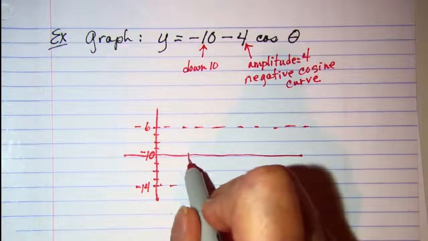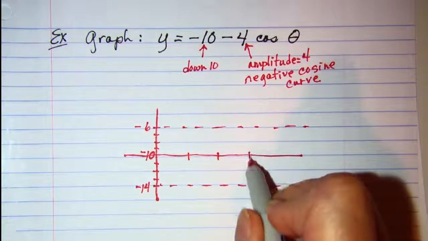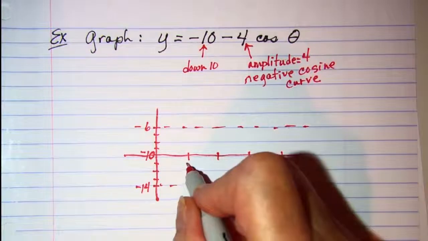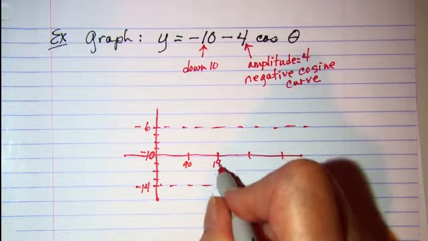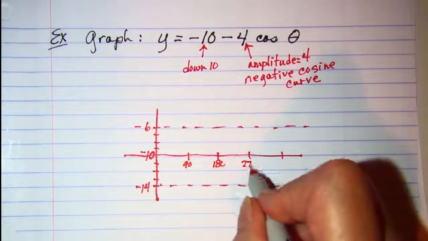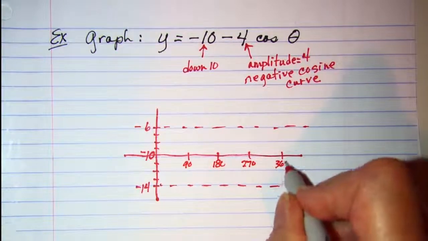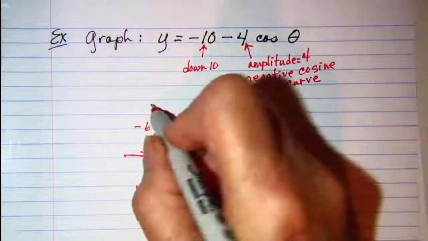And then let me show my 4 quadrants. This is theta, and this is y.